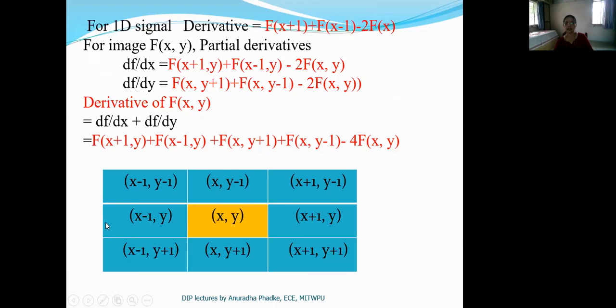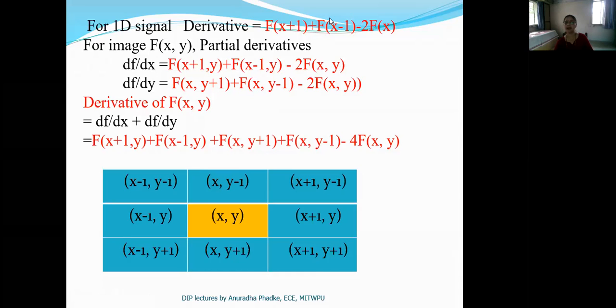So we can say the partial derivative of function f of x y with respect to x, which represents the partial derivative, can be given by this equation: f of x plus 1, y plus f of x minus 1, y minus 2 times f of x y.